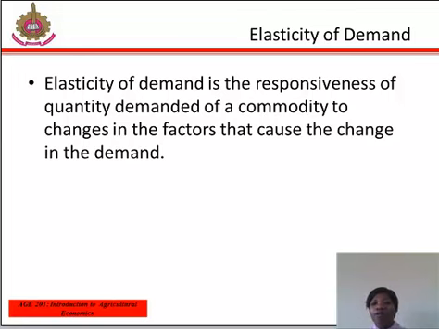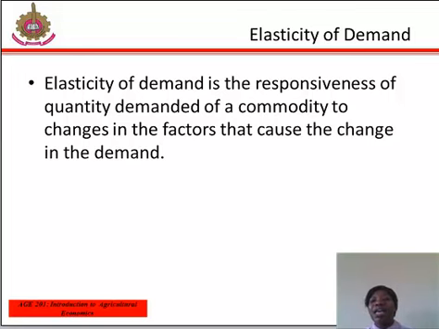So the demand curve for perfectly elastic demand is a horizontal line, and the numerical elasticity of demand is infinite, that is, the EP is equal to the infinity symbol.